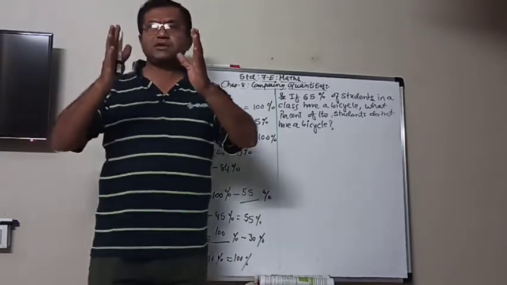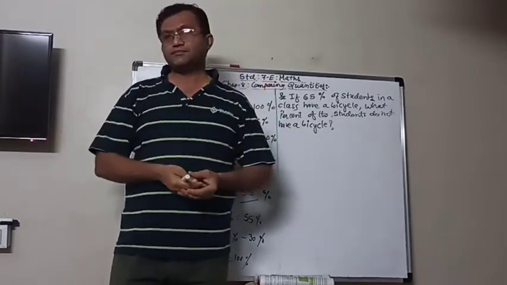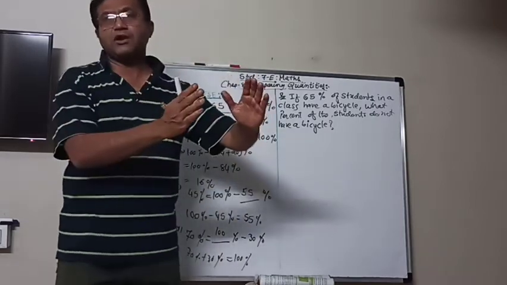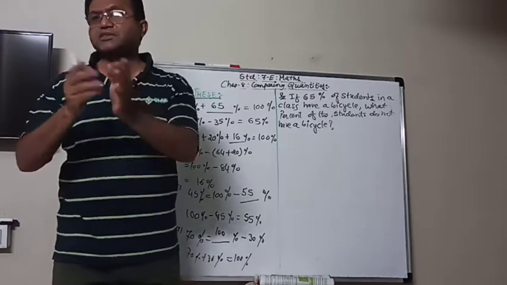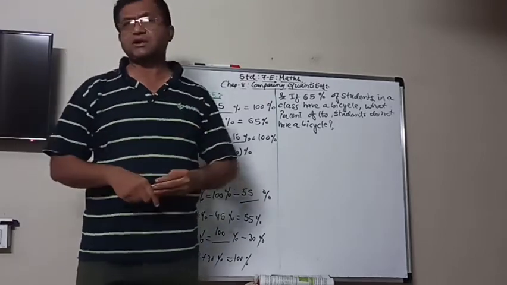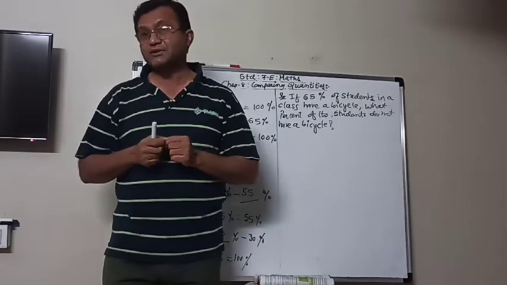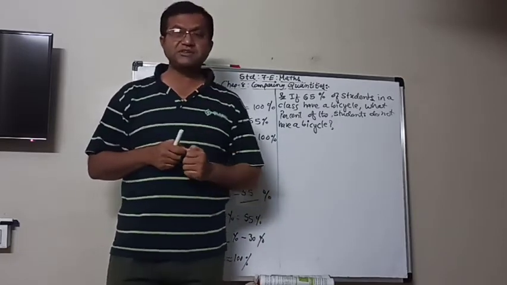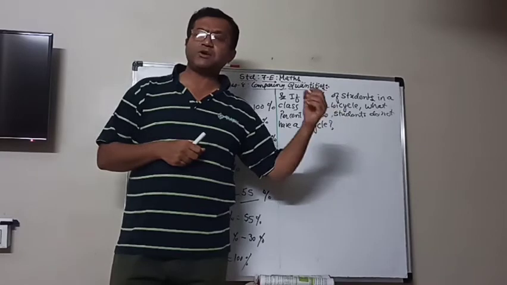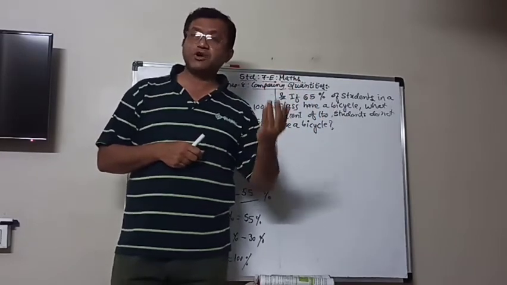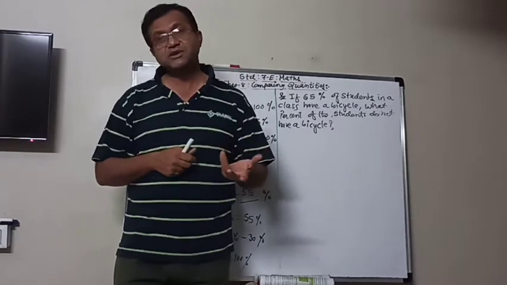It means that the whole is divided into two parts, in which one part has a bicycle and the other part does not have a bicycle. So when we add both percentages, it will be 100%. Now one part's percentage is given, and we want to find the percentage of the other part, so we have to subtract.